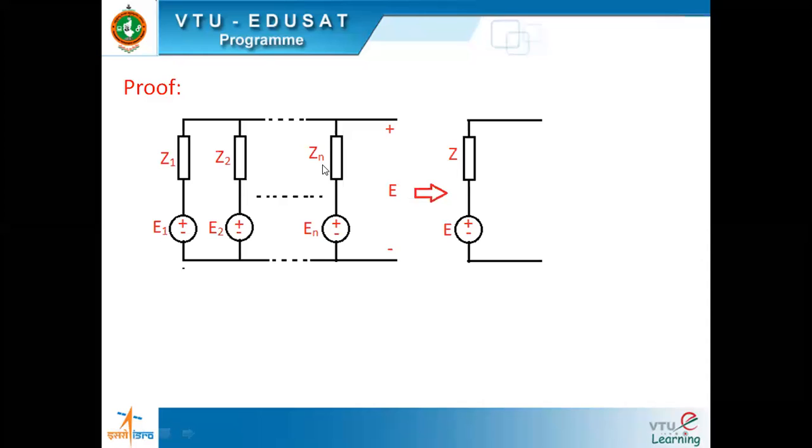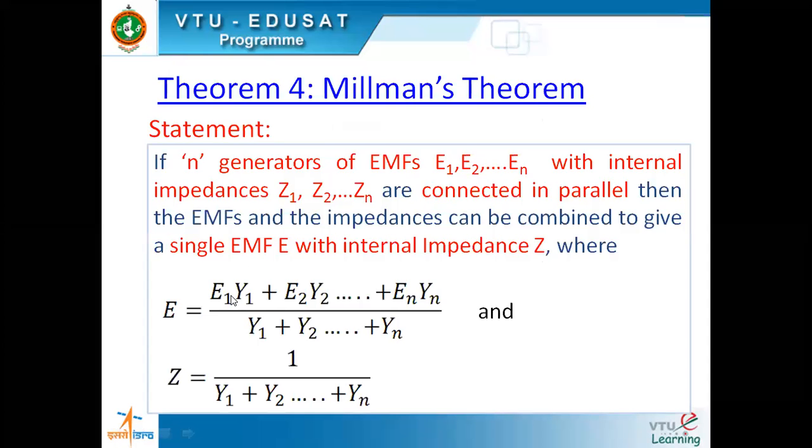If they're all connected in parallel, then the EMFs and the impedances can be combined to give one single EMF E and one single internal impedance Z, where this E is E1 Y1 plus E2 Y2 up to plus En Yn divided by the sum of all admittances.